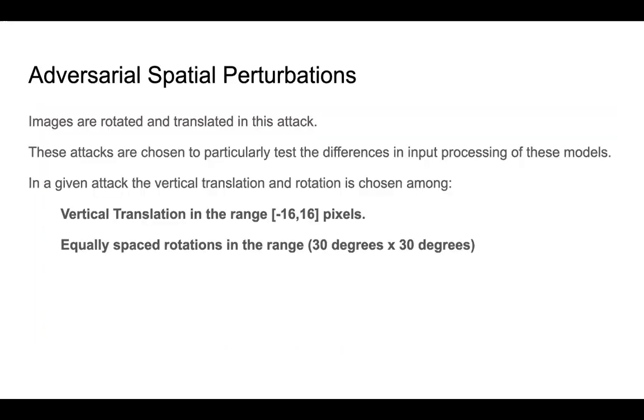So now let's come to adversarial spatial perturbations. What we do in these perturbations is we either shift the image by some pixels towards the right or left, and we also rotate the image at the same time. We choose one value in the range -16 to 16, and one value in the rotation range, and perform those translations and rotations at the same time and see how our model performs.